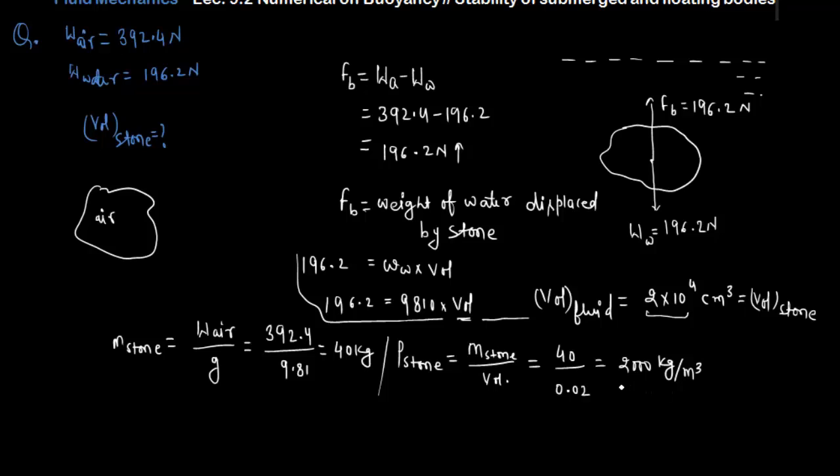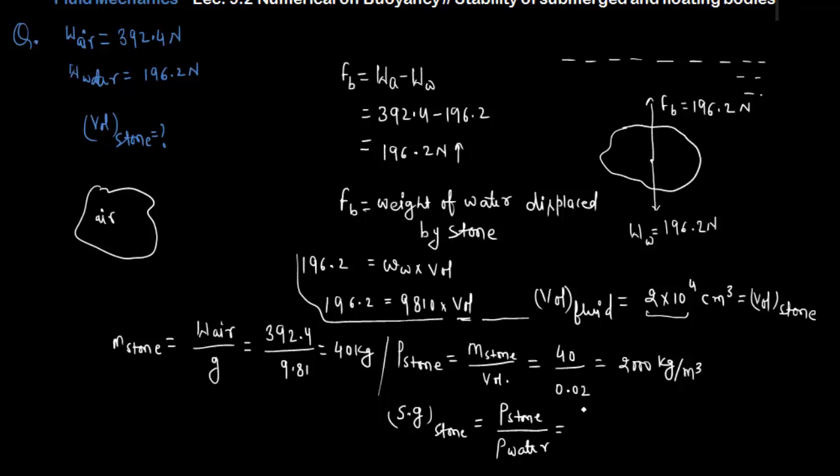Now as we know the density of the stone, we can also calculate the specific gravity of the stone. So the specific gravity of the stone will be simply density of stone in air, obviously, divided by density of water.